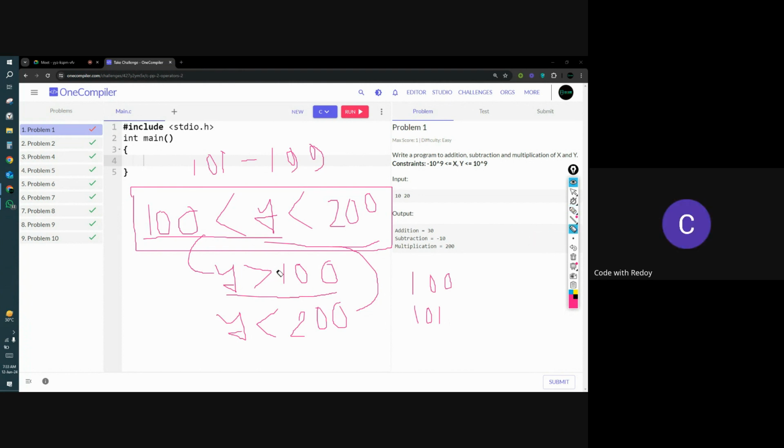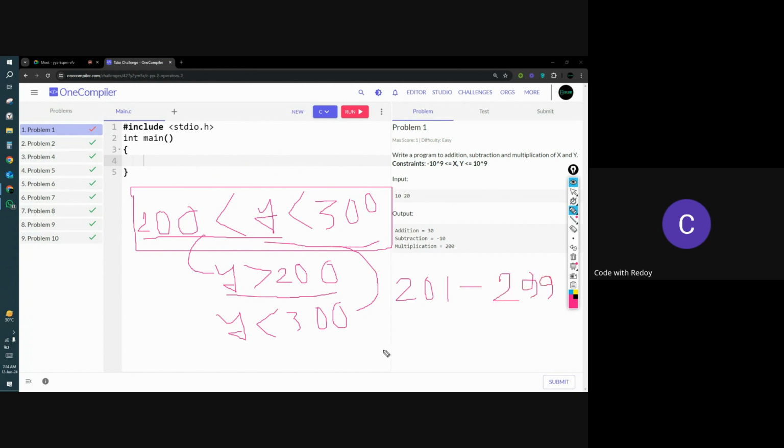If it is 200, let's say it is 200 and it is 300, that means the value of y can be 201 to 299.